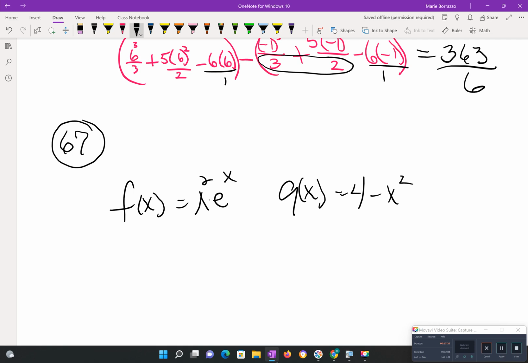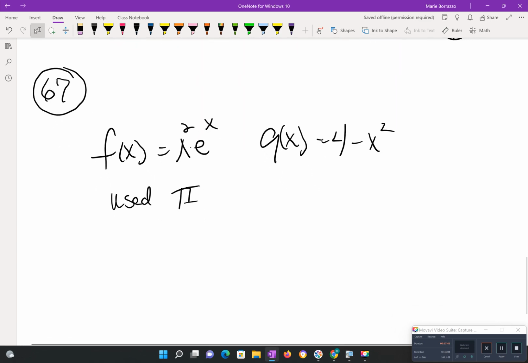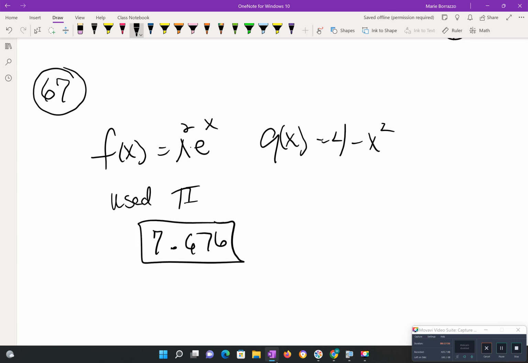You're going to find the area to 3 decimal places bounded by this function. I used technology, so just throw it into the TI and go in that direction. You should get approximately 7.67. That's what I got with my calculator.